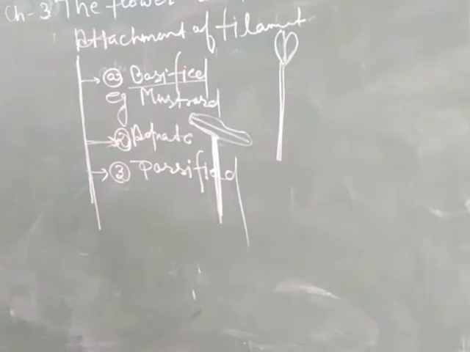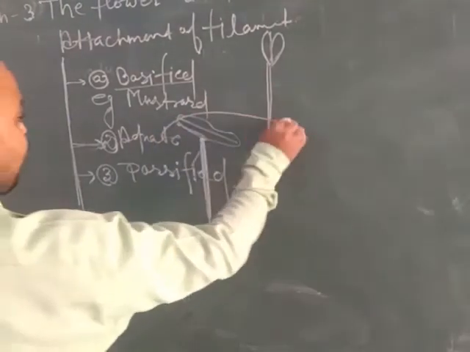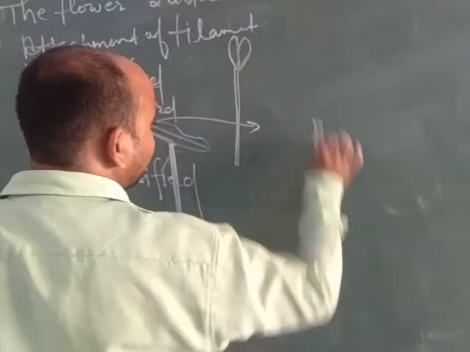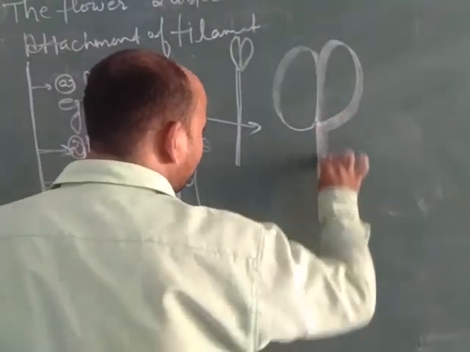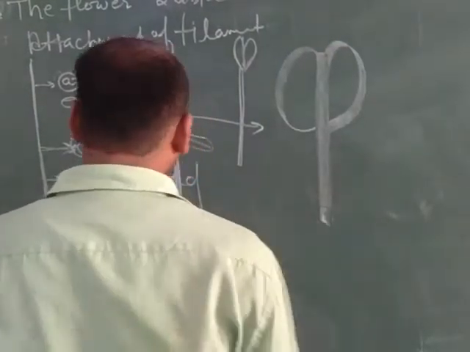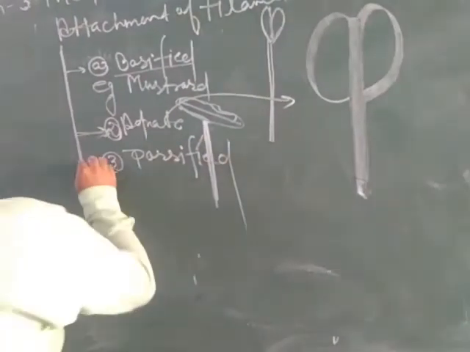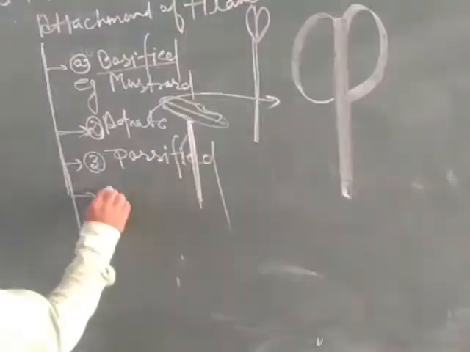In the adnate condition, the inner part of the anther is directly attached to the filament, and in dorsifixed, the anther is attached from the dorsal side of the stamen. Okay, now the next type of attachment of the filament is versatile.